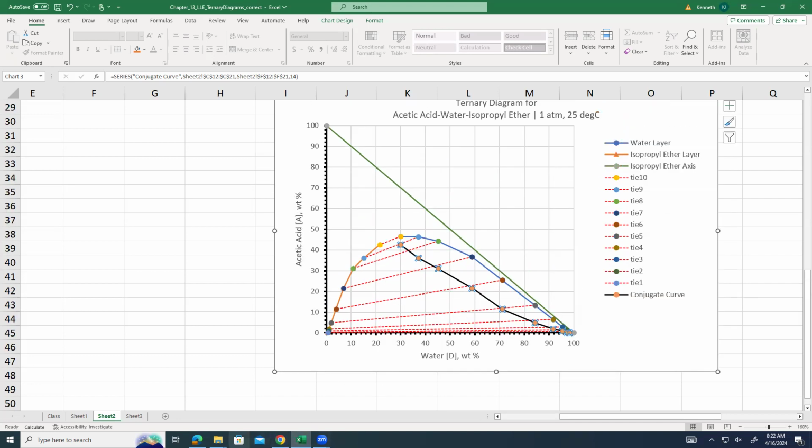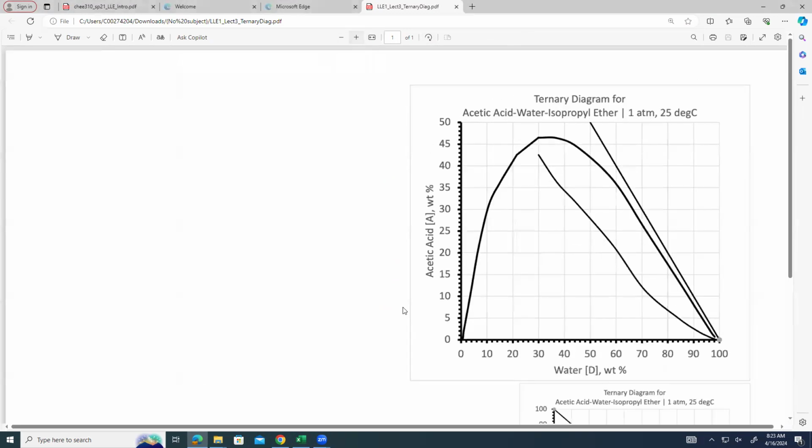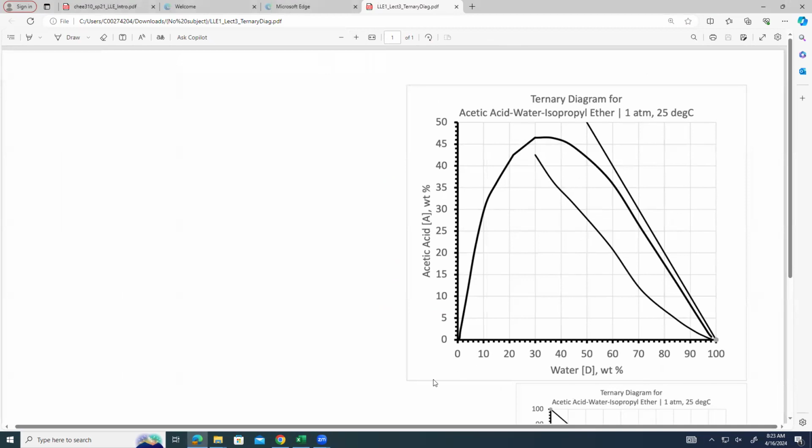So for the homework and the exam, pretty much what you're going to be given is a diagram like this. And you're going to be asked to do a few things.